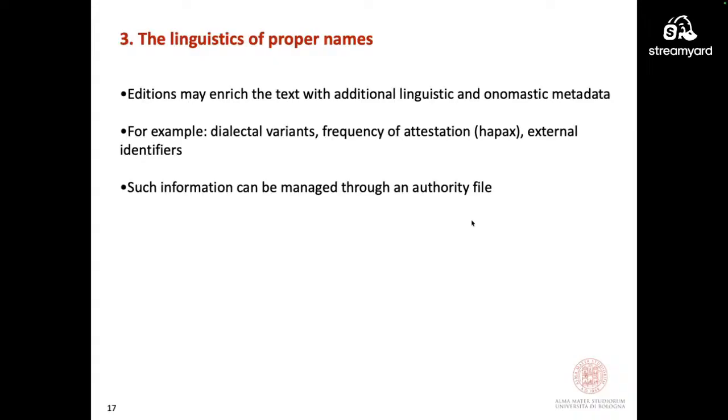For example, if we have geographical variants, frequencies of attestation, for example, in this corpus, many names correspond to hapaxes, and it is also important, of course, to have external identifiers, and this can be managed through, for example, authority files.